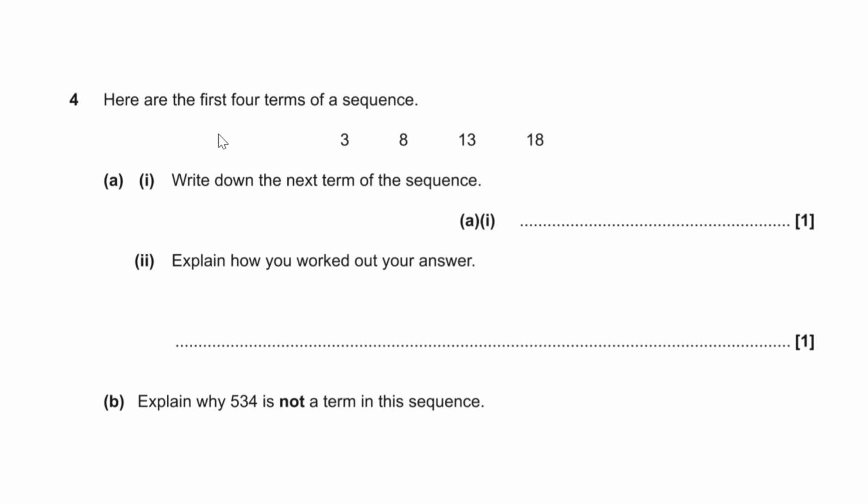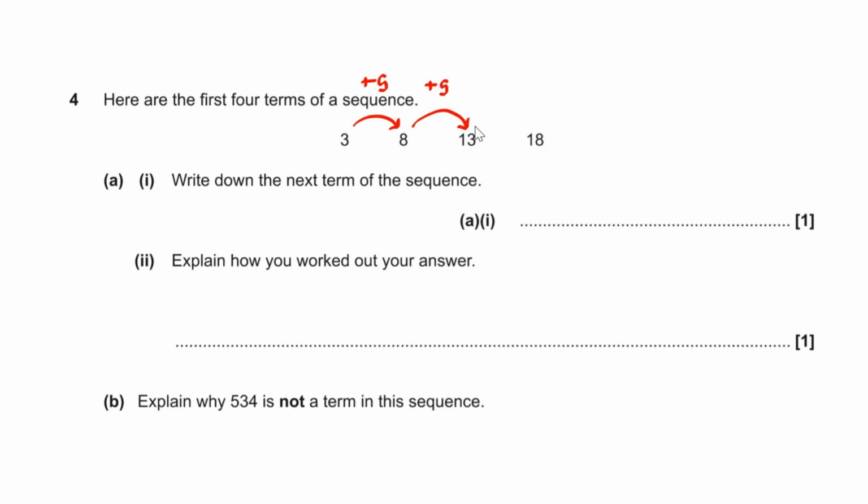Question number 4. Here are the first 4 terms of a sequence. We've got 3, 8, 13 and 18. We have to write down the next term of the sequence. Well, what you can see here is, to go from the 3 to the 8, we have added 5. To go from the 8 to the 13, we have added 5.